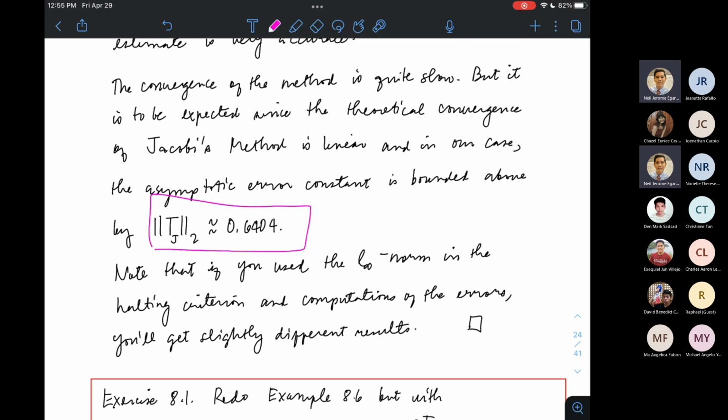ayoko nang pahabain pa yung discussion about iterative methods and let it spill over next week. Kasi gusto kong makaabot pa tayo sa exciting na parts ng ODEs, which is the next section.